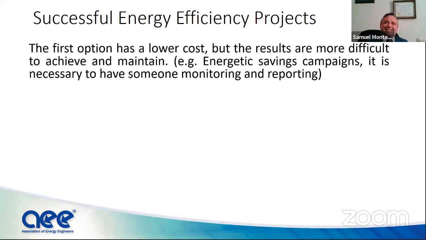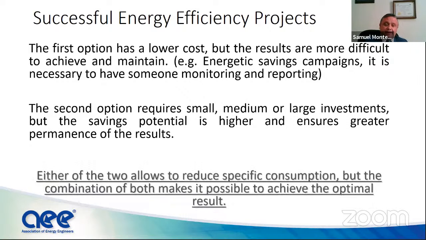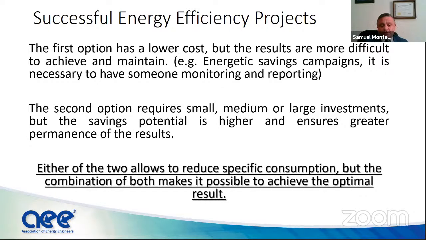It's a problem for these people. The second option requires a small, medium, or large investment, but the saving potential is higher and ensures greater permanence in the results. Either of the two allows to reduce specific consumption, but the combination of both makes it possible to achieve the result. In other words, make the two options.